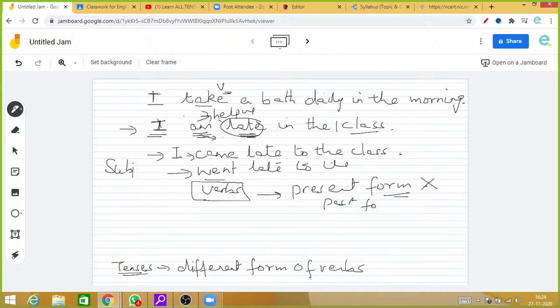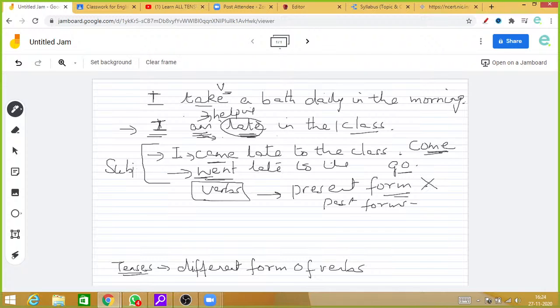So the present form of the word came is come. Come is the present form, came is past tense. Go is the present tense, went is the past tense. Okay? So now we have to convert this sentence to present tense.